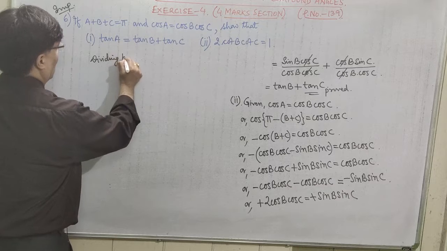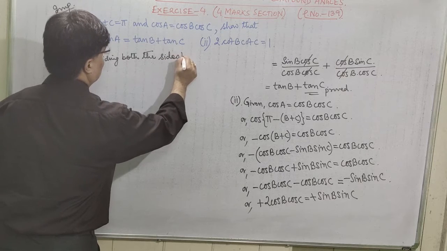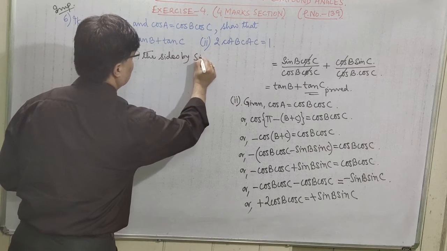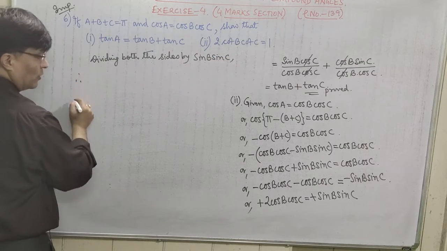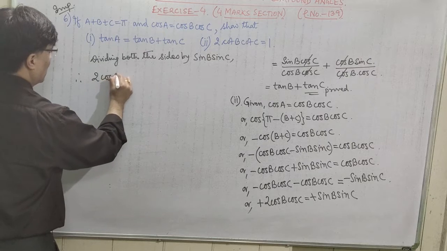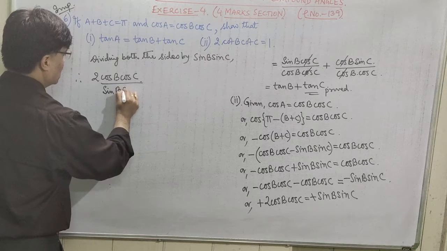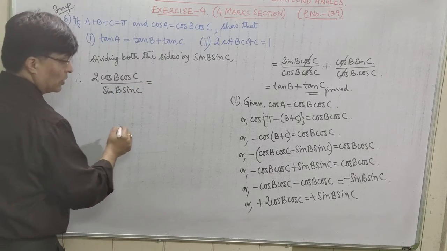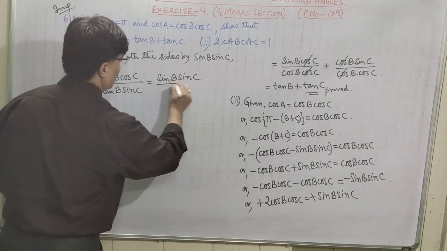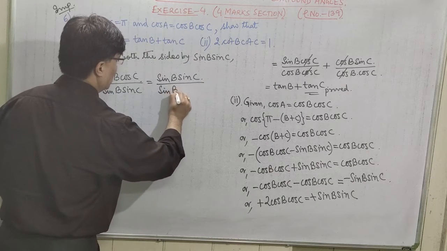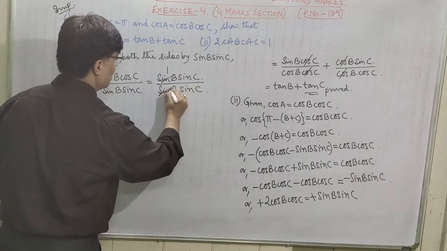Dividing both the sides by sin B sin C. Therefore 2 cos B cos C divided by sin B sin C is equal to, on the right hand side, sin B sin C divided by sin B sin C. So you can cancel it.